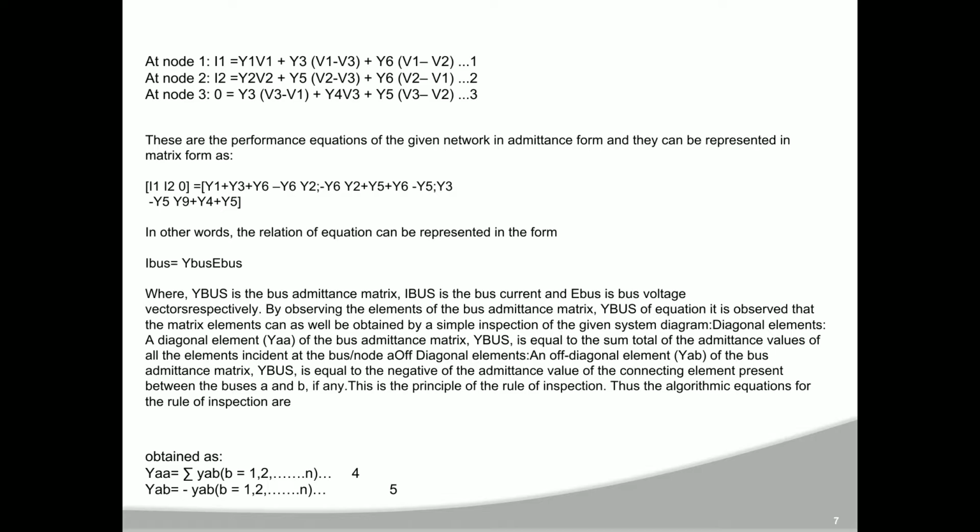This is the principal rule of inspection. Thus, the algorithmic equations for the rule of inspection are obtained as YAA equals the summation of YAB, where B is equal to 1 to n, as equation 4, and YAB is equal to minus yAB, where B is equal to 1 to n, as equation 5.